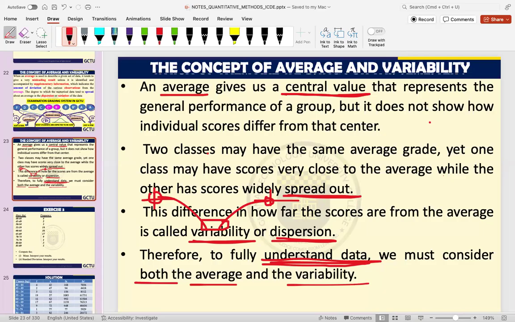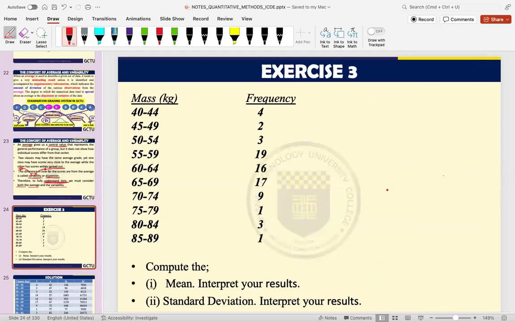So let's take an example and try to express all these techniques in it, and let's see whether they can make sense to us, for us to understand a data we want to work with. Look at this data. Look at this exercise. This is showing mass measured in kilograms.